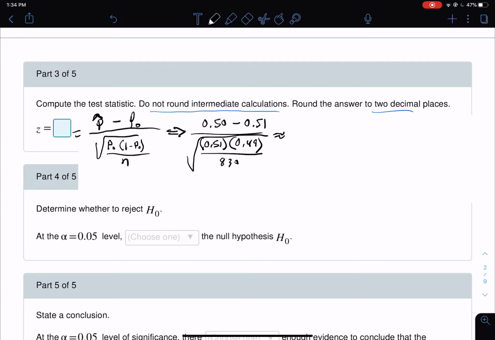Up top we get a negative 0.01. Down below we get approximately 0.01. And this is where they don't want us to round. 7351782, depending on how many decimal places your calculator can display.